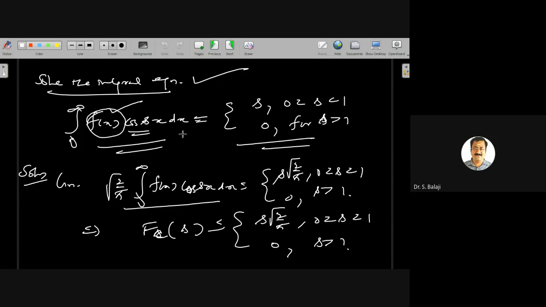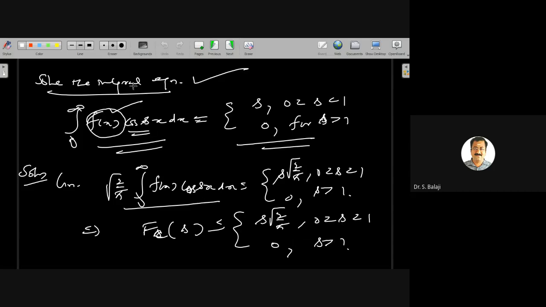The integral from 0 to infinity of f of x means it is like a Fourier cosine transform definition. If you multiply by root of 2 by pi, it gives root of 2 by pi times s for 0 less than s less than 1, and 0 for s greater than 1. This is the Fourier cosine transform definition, Fc of s.